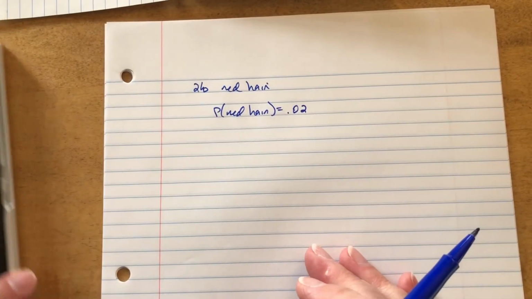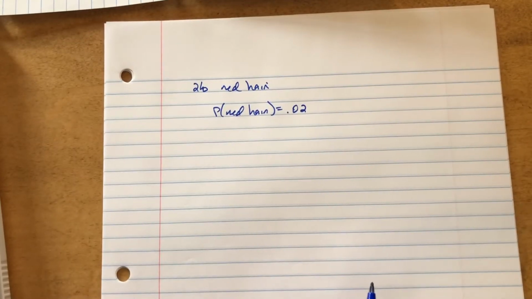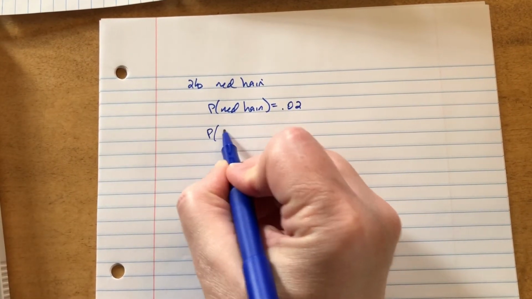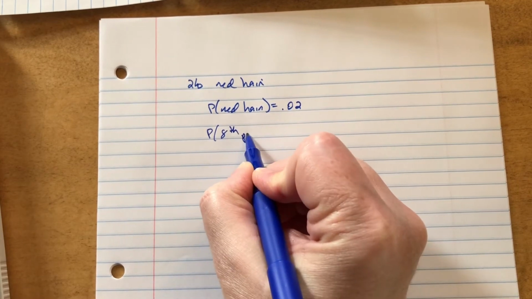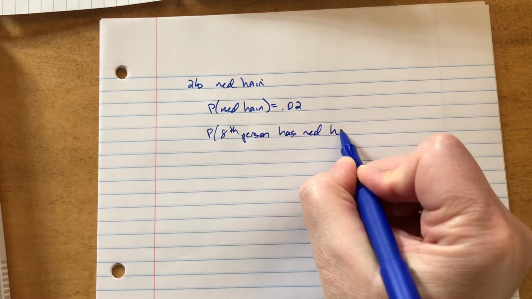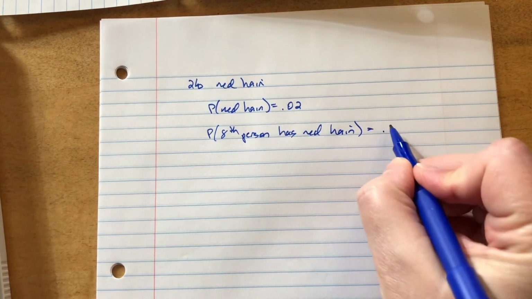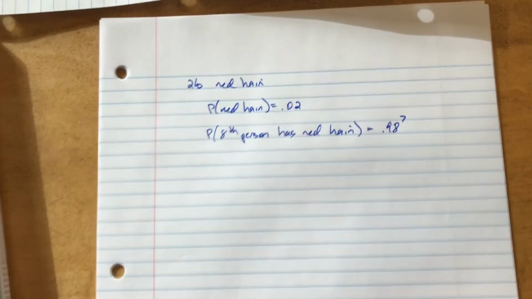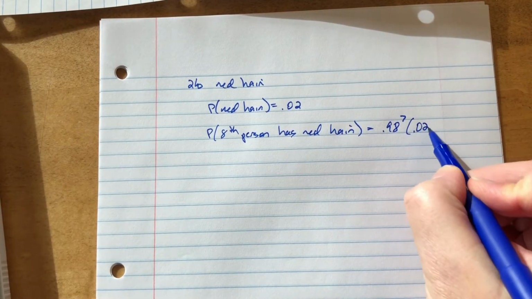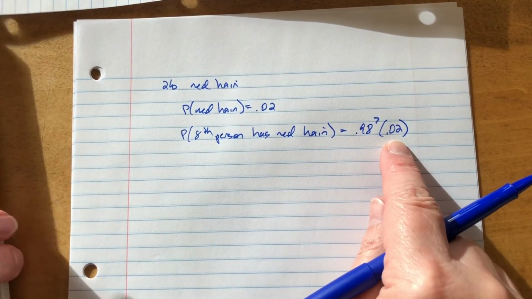So what's the probability that the 8th person I see has red hair? Well, if the 8th person has red hair, that means the 7 in front of them did not have red hair. So I can just do 0.98 to the 7th power times 0.02, because those are my 7 people that didn't have red hair, and that's the 8th person that did.